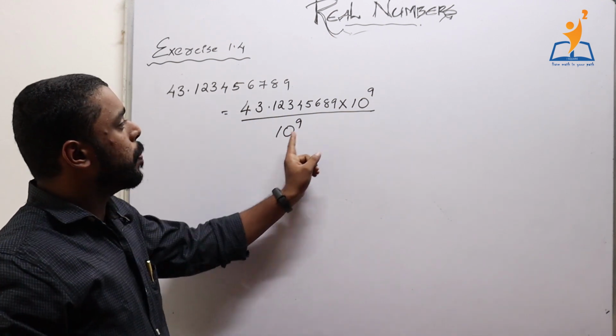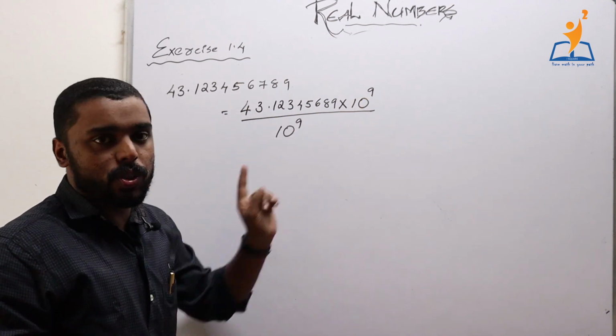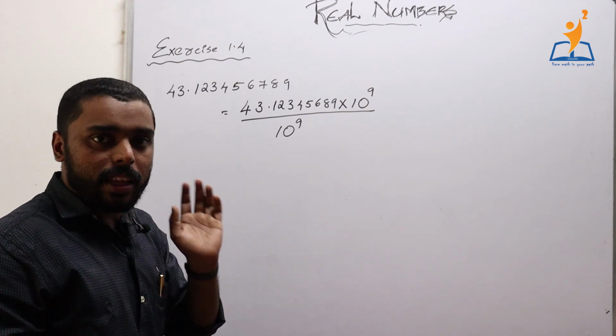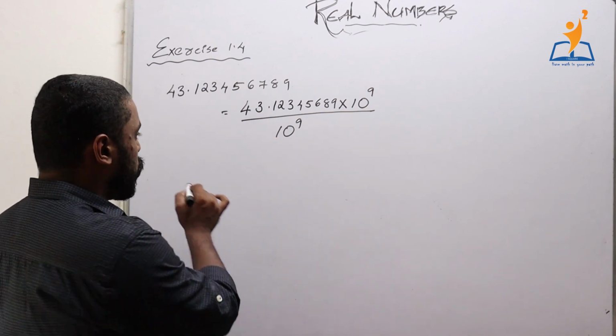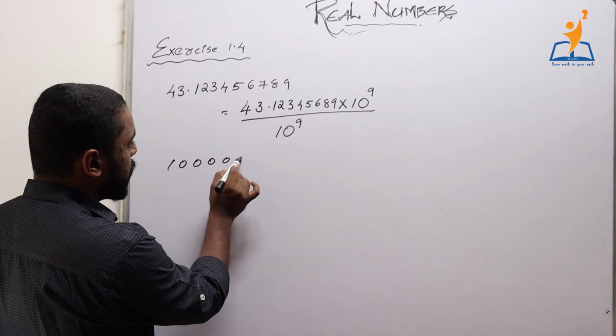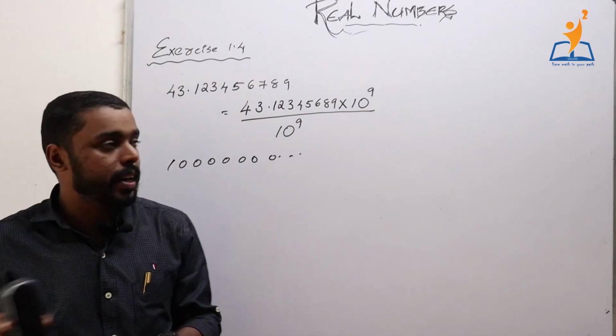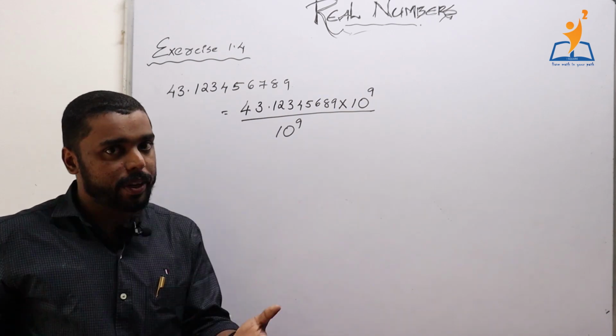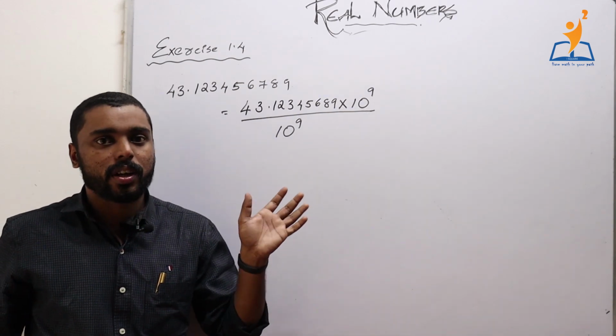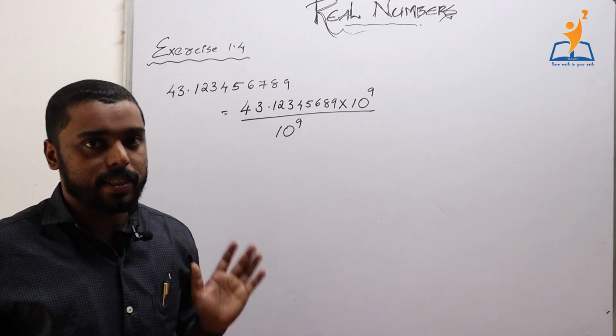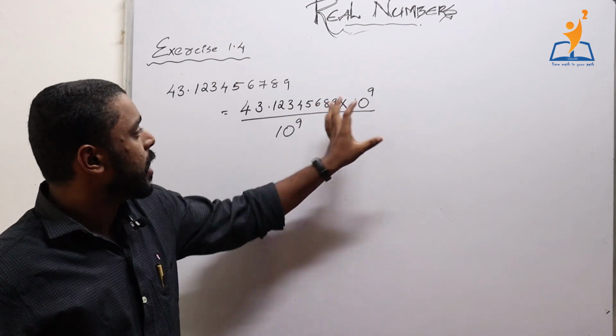See, we multiplied and divided with 10 raised to 9. 10 raised to 9 is actually what? 1 and 9 zeros like this. Okay. So that's what 10 raised to 9 is: 10 square equal to 100, 10 cube equal to 1000. Similarly, 10 raised to 9 is 1 with 9 zeros. Okay. So we get like this.